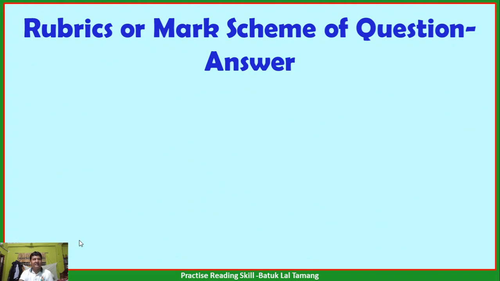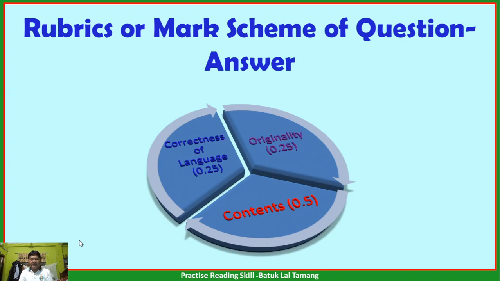Now, the second thing, rubrics or mark scheme of the question. So, how can we obtain the full marks of a question answer? For that, you have to remember 3 points, 3 rubrics. The main thing is content, the subject matter, the actual answer, 50% marks. Out of 1 mark, 0.5 for the content.